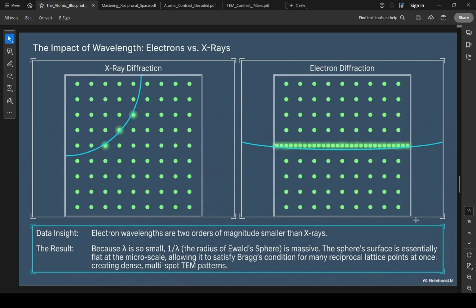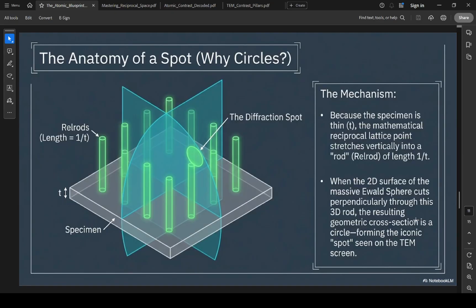When we are looking at very few spots, it's almost flat, which allows it to satisfy Bragg's condition for many reciprocal lattice points at once. So instead of a few spots, we get Bragg diffraction from multiple lattice points, which creates a dense TEM pattern.